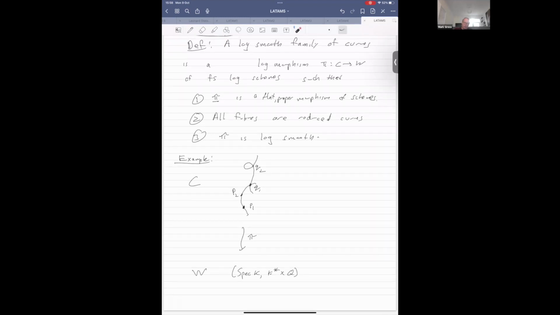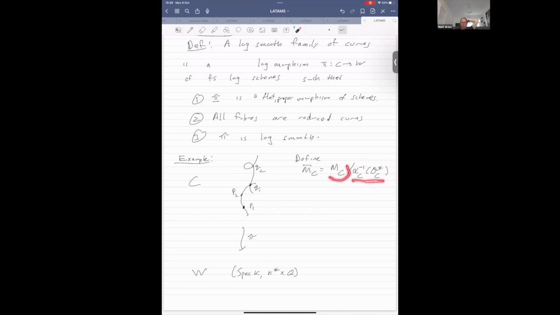So I want to describe MC. It's a little bit hard to describe MC because there's a lot of continuous data in there. So instead, I'll define some combinatorial aspect of this. Let me define M bar C to be MC modulo the inverse image, alpha inverse C of OC star. So this gets rid of the continuous data of invertible functions.